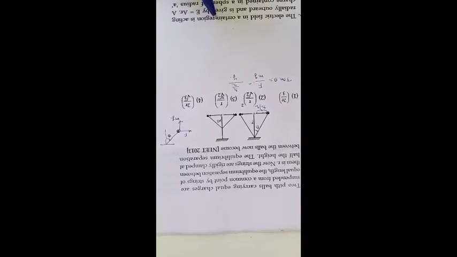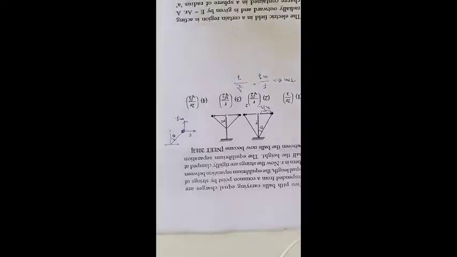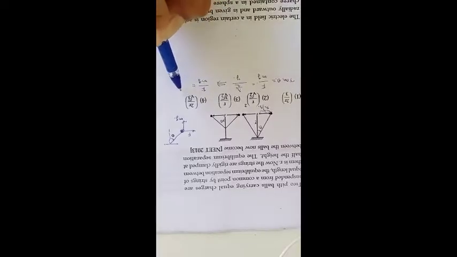F by mg. In terms of distance, R by 2 by y. So from this we get F by mg is equal to R by 2y.